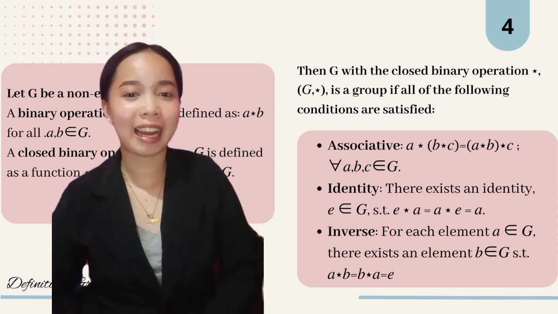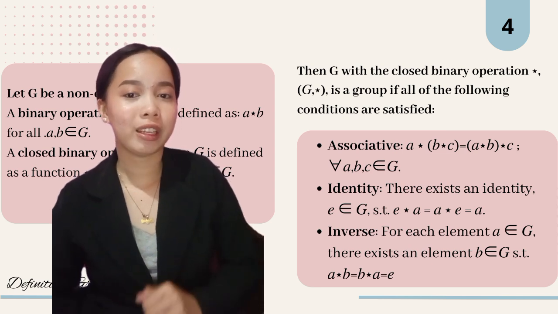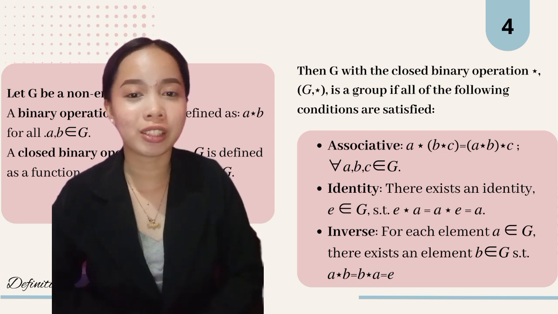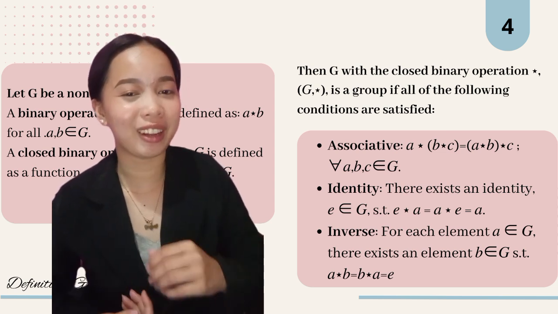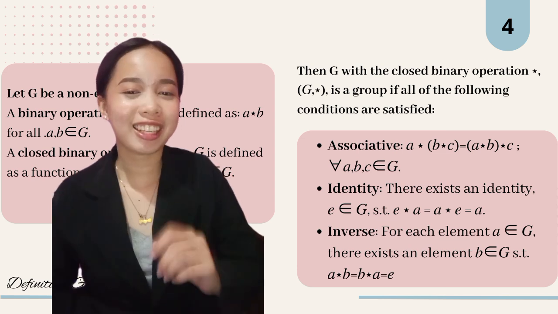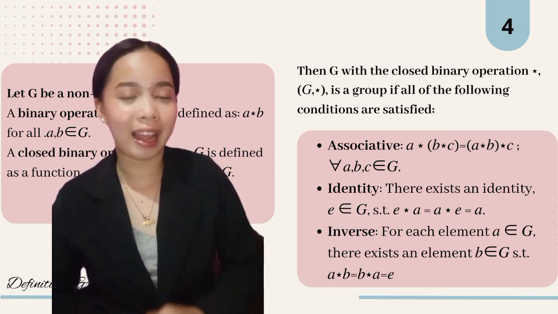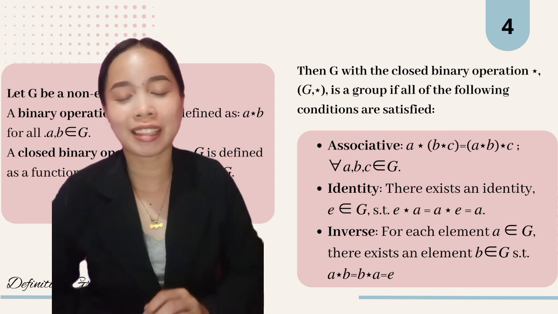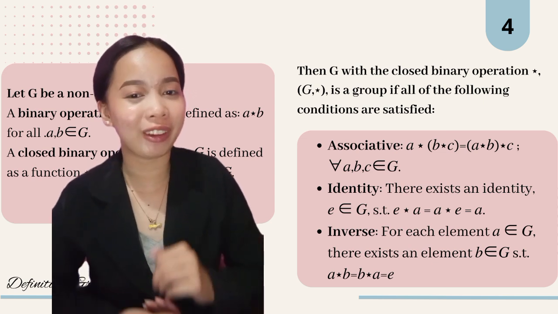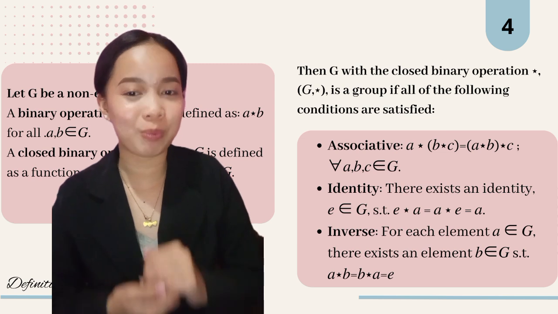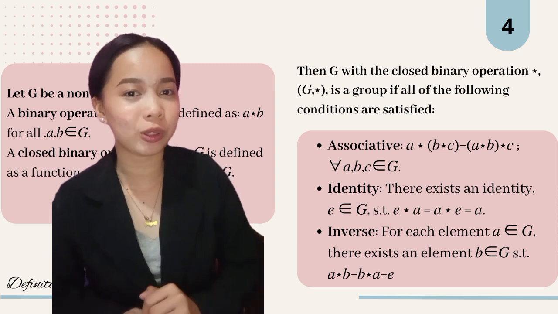There exists an identity element E in G such that E star A is equal to A star E is equal to A. Next condition is inverse. For each element A in G, there exists an element B, also in G, such that A star B is equal to B star A is equal to E.